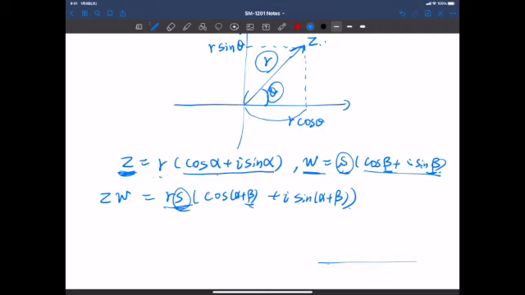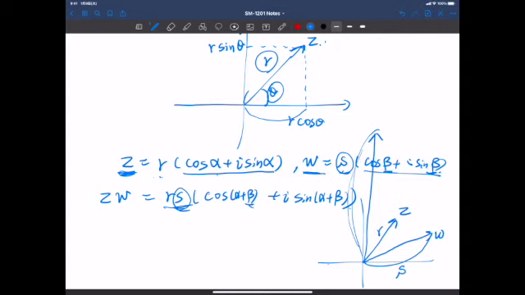So if we multiply z by w, let's say this is w, then the result is something like this. So the length is magnified by this factor. So this is r, so this length becomes r times s, and the angle, this angle was alpha, this angle was beta, and the resulting angle becomes alpha plus beta.